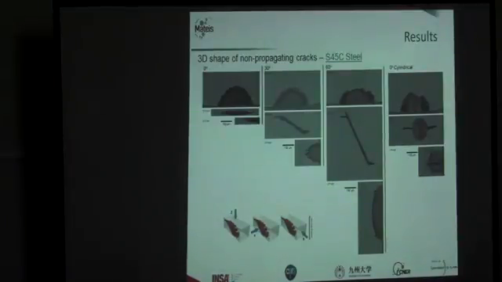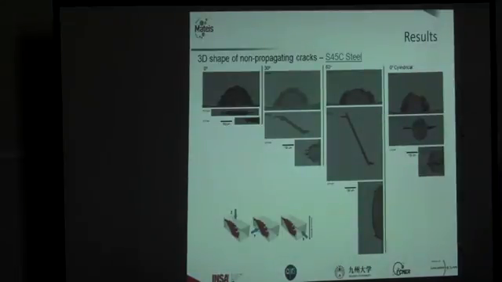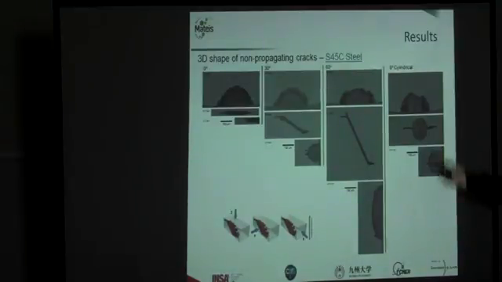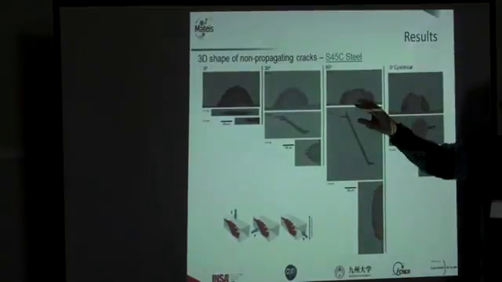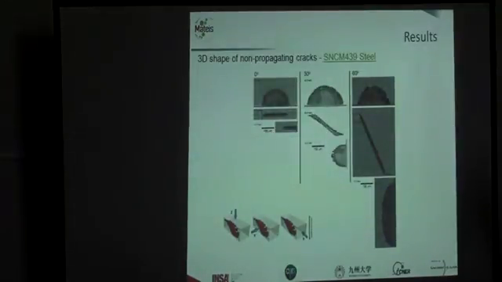In this medium carbon steel, the crack front has less roughness, and you can see also that from the drill hole, the final configuration of the three is really similar. We have some difference in the 60 degrees defect. We do not have much crack on the root of the notch.